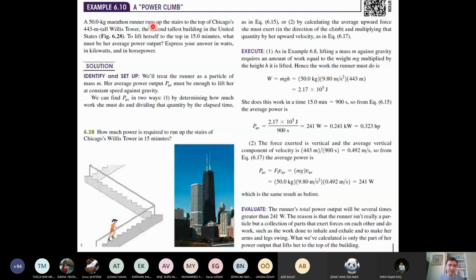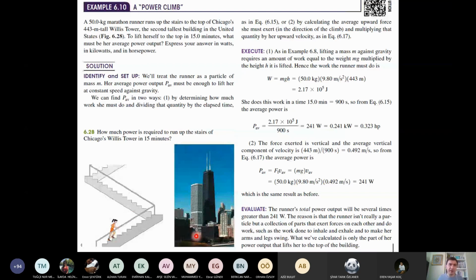The height of this building is 443 meters, and it is the second tallest building in the United States. To lift herself to the top of this building in 15 minutes, what must be her average power output? She runs on these stairs, starts from this position and goes to the top of this building in 15 minutes.